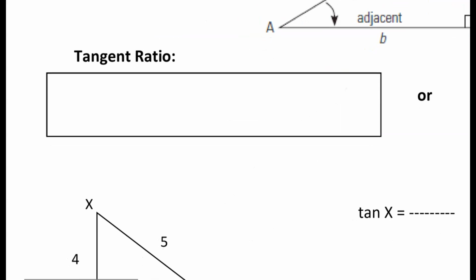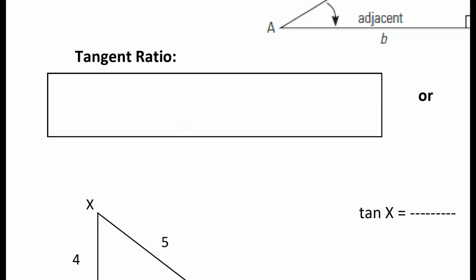When we're looking at the tangent ratio, we're going to be looking at tangent theta equals opposite over adjacent.